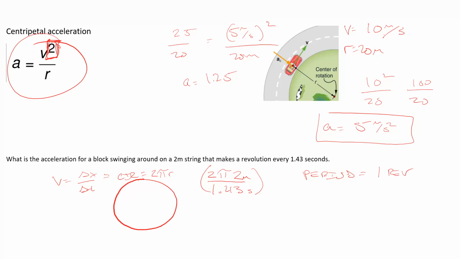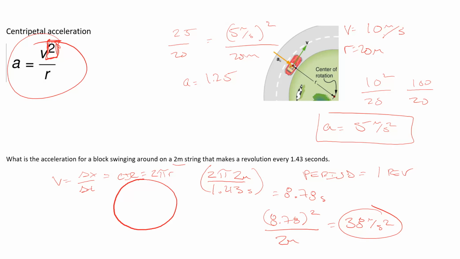So 4 pi over 1.43 gives me a velocity of 8.78 meters per second. So if I'm trying to solve for the acceleration, it's just 8.78 squared divided by my radius of 2 meters gives me an acceleration of 38 meters per second squared.